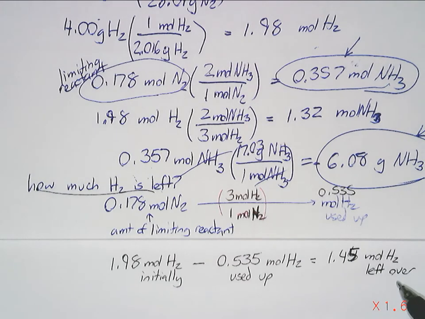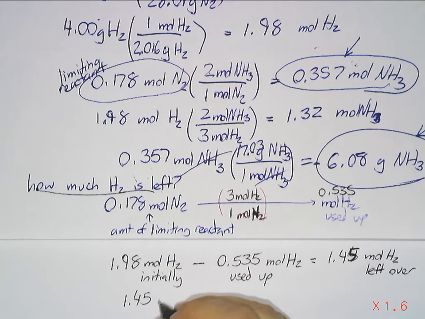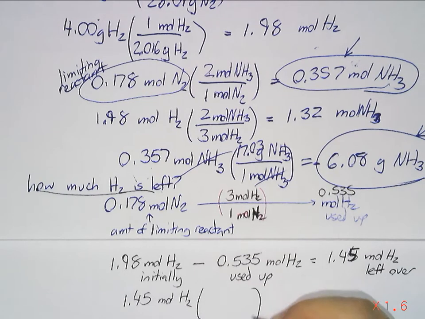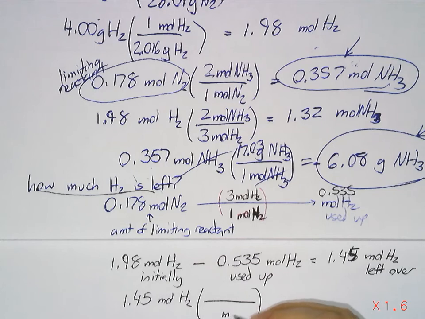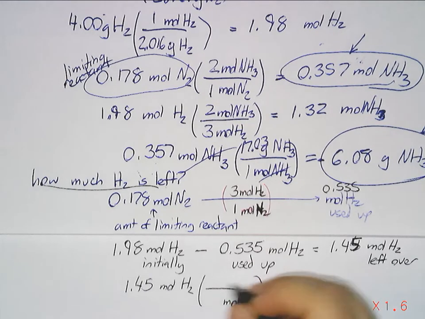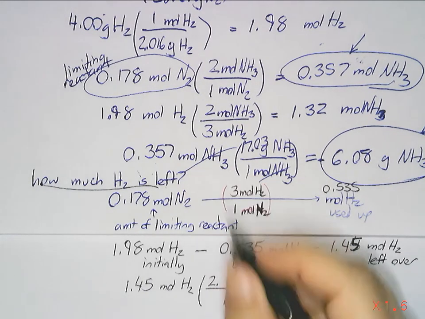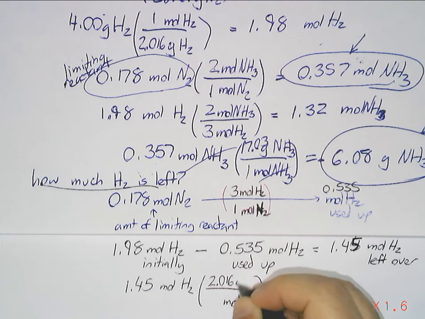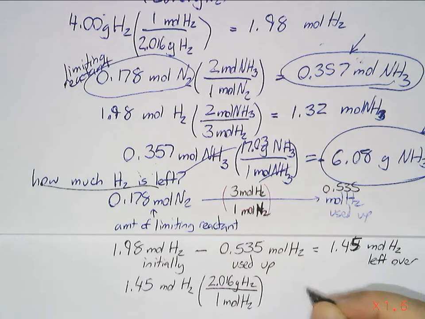Now if I want the gram amount that's left over, I can turn that into a gram amount. 1.45 moles of H2 turned into grams. What did we say it was? 2.02, right? 2.016 is 1 mole.